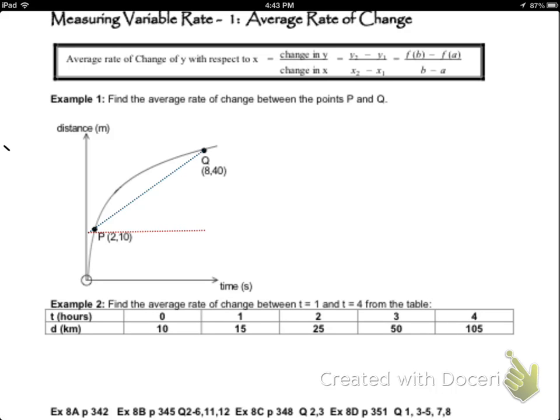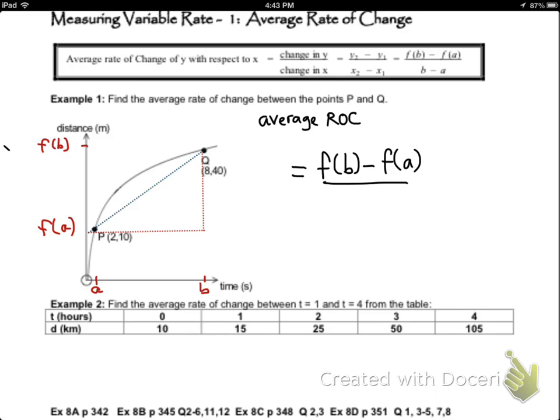If we draw a chord from P to Q and then calculate the average rate of change by finding the gradient of that chord, our first point is a, our second point is b. Substituting those into our function give the values of f(a), which is at the same level as P, and f(b), which is at the same level as Q. So the difference between f(b) and f(a) will help us find our average rate of change.